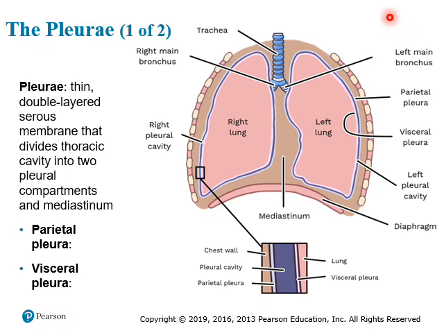It is divided into the visceral pleura and the parietal pleura. The visceral pleura is exactly the one that's directly covering the lungs. The parietal pleura is the one that is covering the thoracic wall. The visceral pleura is a membrane on the external lung surface.